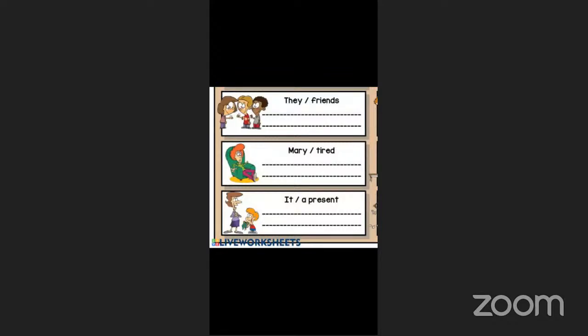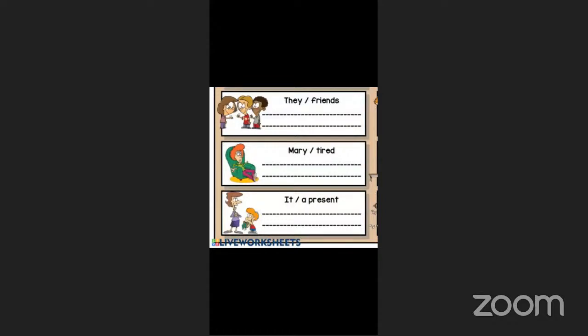Is it a present? No, it is not. Or you can use the contraction. No, it isn't. So children, now I think you have got some kind of idea about making questions using be verbs.